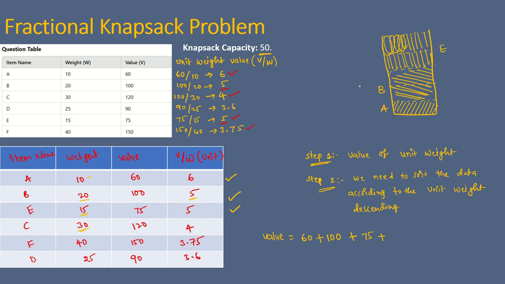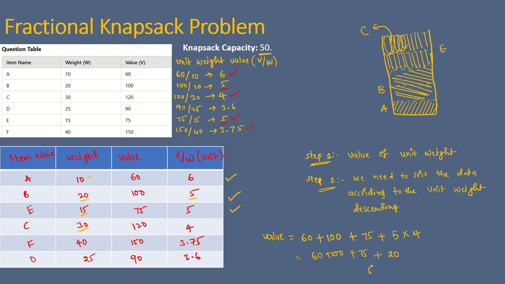Which item is this? Item number C. How many units have I taken? 5 units. What is each unit weight? 4.